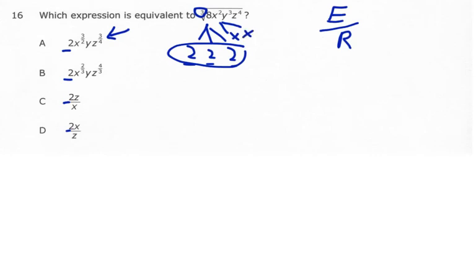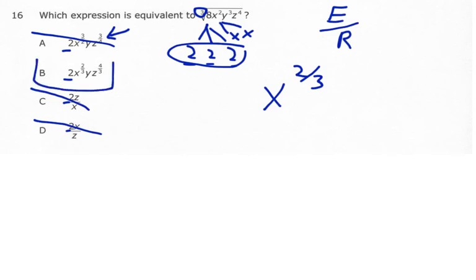But if I was writing that in the fractional form, it would be x to the exponent is 2, the root is 3, so it would be x to the 2/3. Looks like I've eliminated some right now. D doesn't have an x to the 2/3, C doesn't have an x to the 2/3, and A doesn't have an x to the 2/3. So it does have to be B.